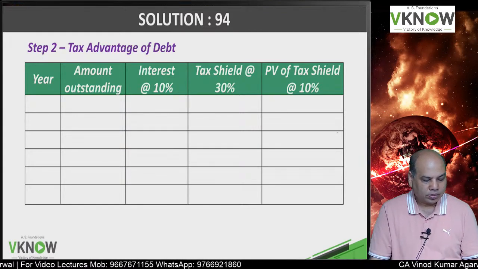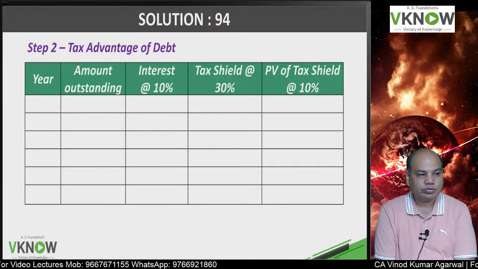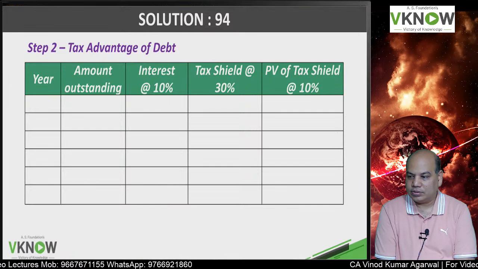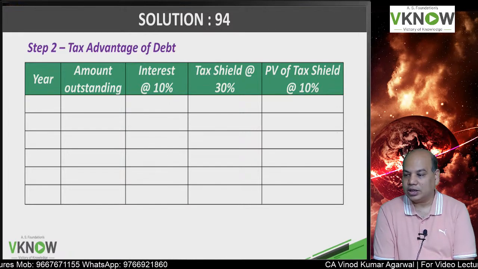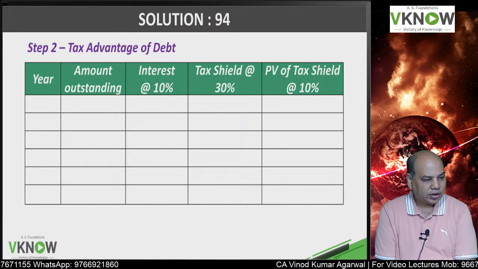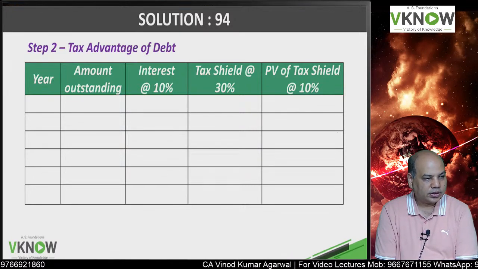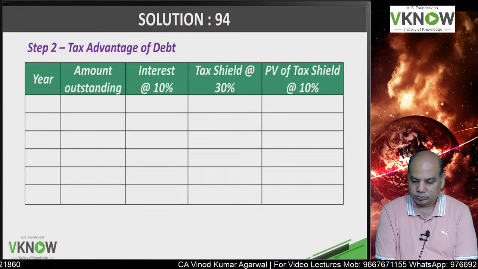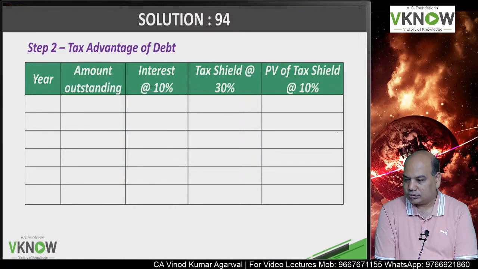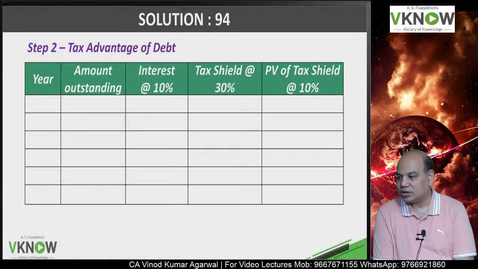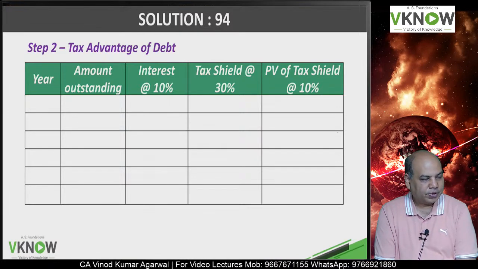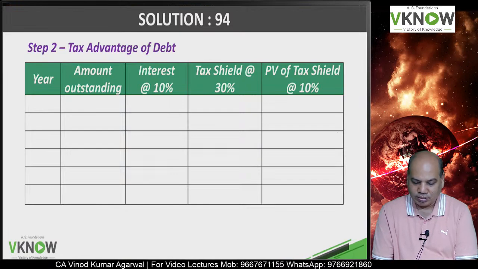Write down year, amount outstanding, then write interest at the rate 10%, tax shield at the rate 30%, and last column PV of tax shield at 10%.